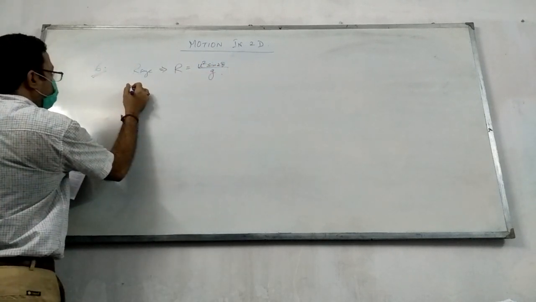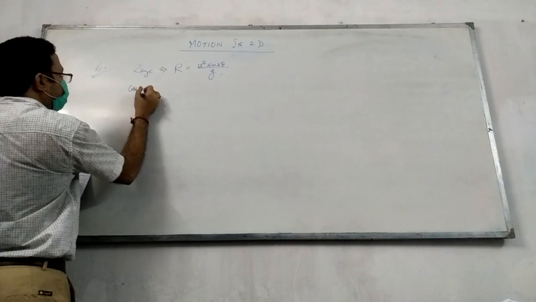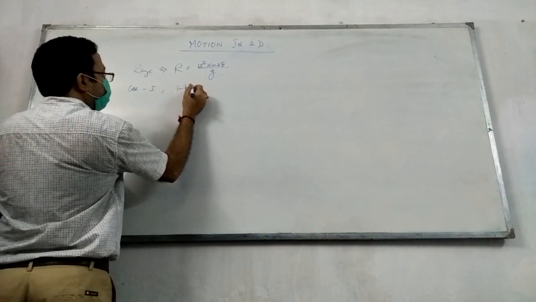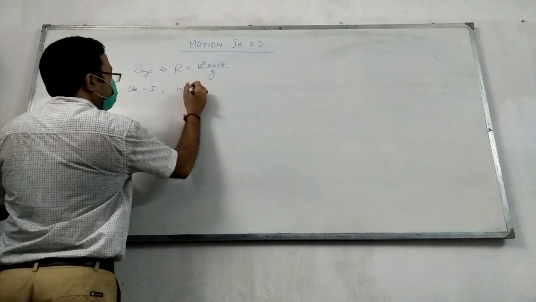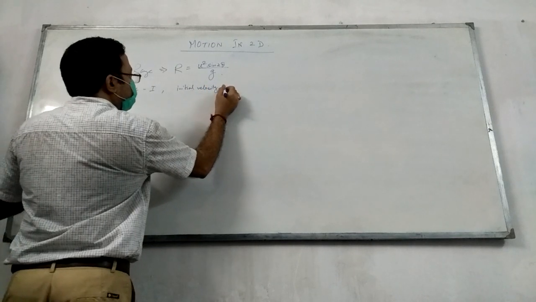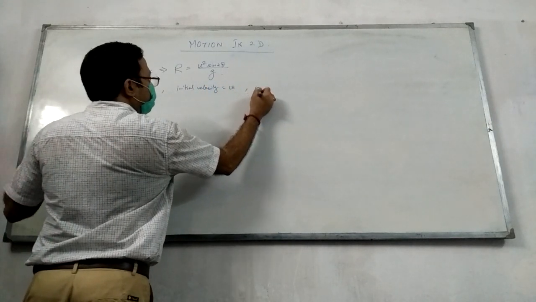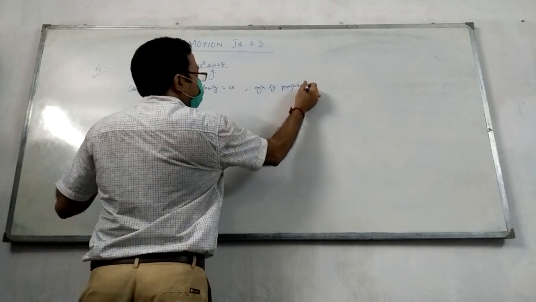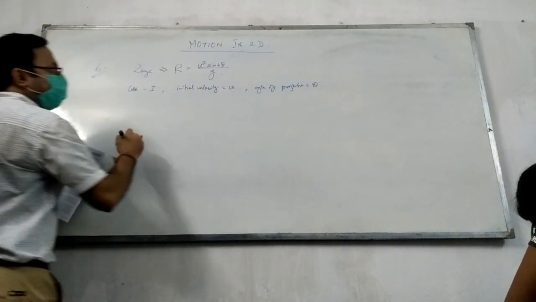Right. So case 1, initial velocity is equal to u and angle of projection is equal to theta.